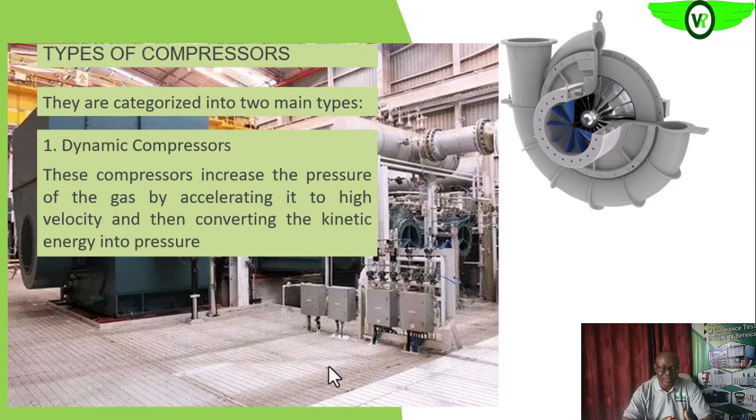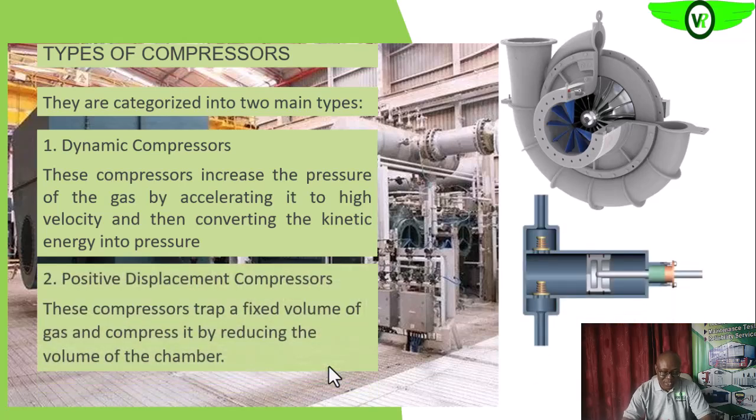As you can see from the name, the dynamic compressor exerts some force on the gas molecules to increase their kinetic energy. That kinetic energy, as we'll see later, will then be converted into an increase in pressure when we apply Bernoulli's principle. Then the second is the positive displacement compressors.